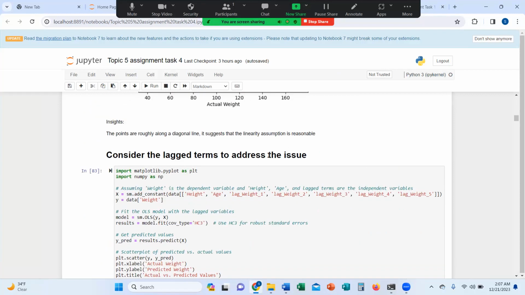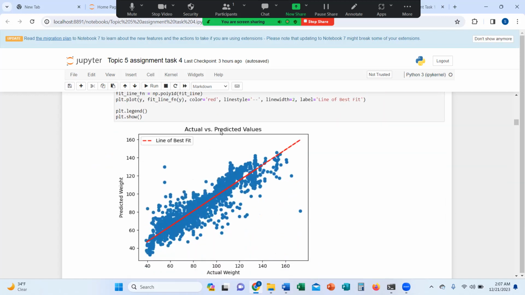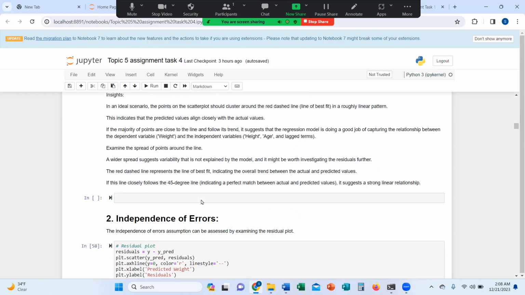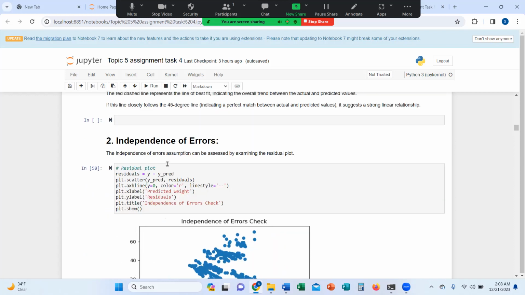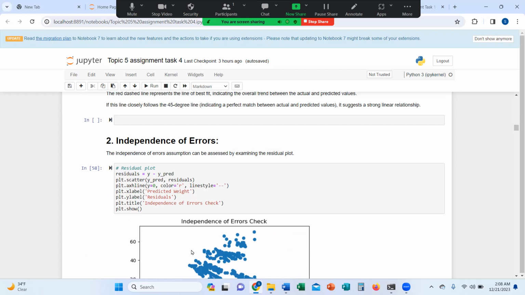And I consider the lag term to address this issue. And when I replotted, I got this graph here. For the independence of errors, this is my plot here.